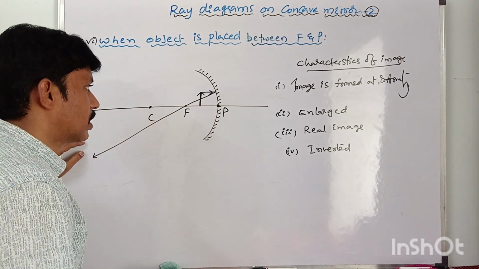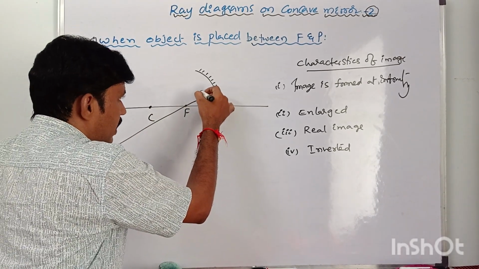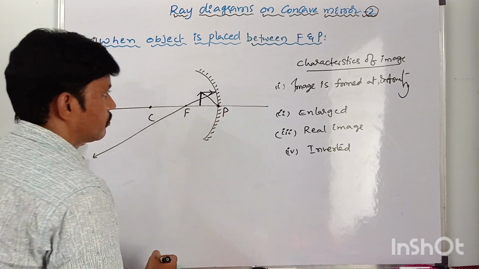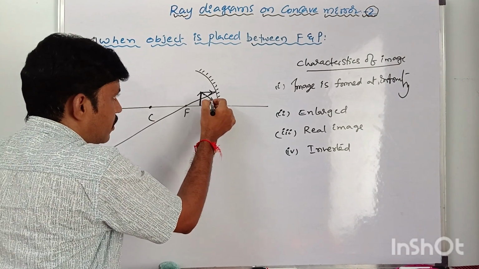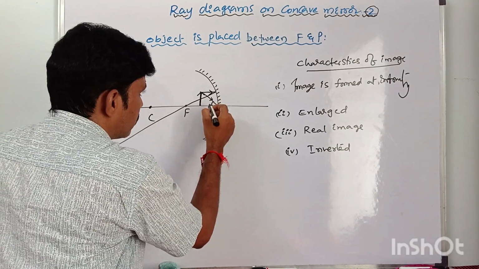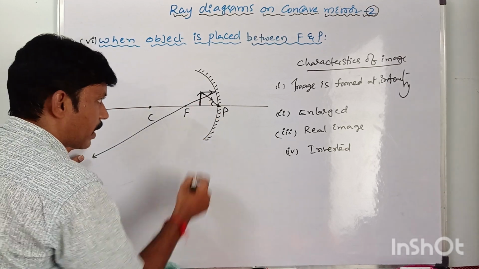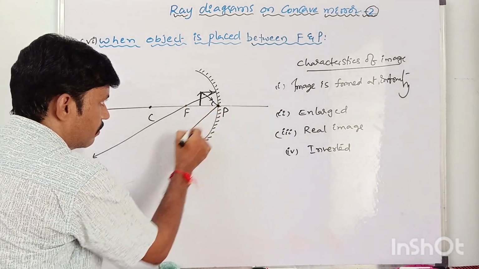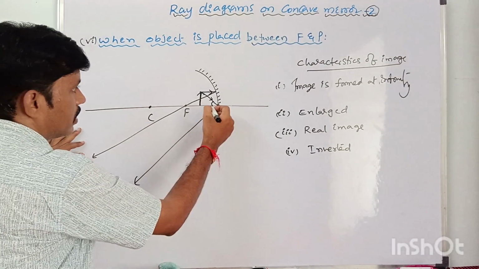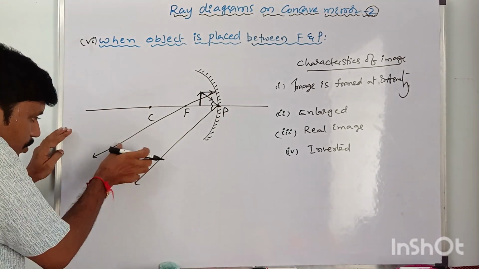Next, as usual, the second ray is incident at the pole, and it reflects at the same angle like this. These two rays do not meet anywhere here.